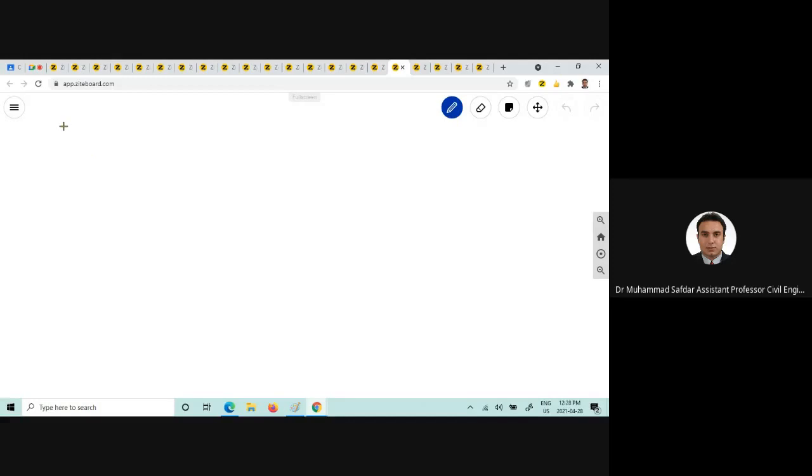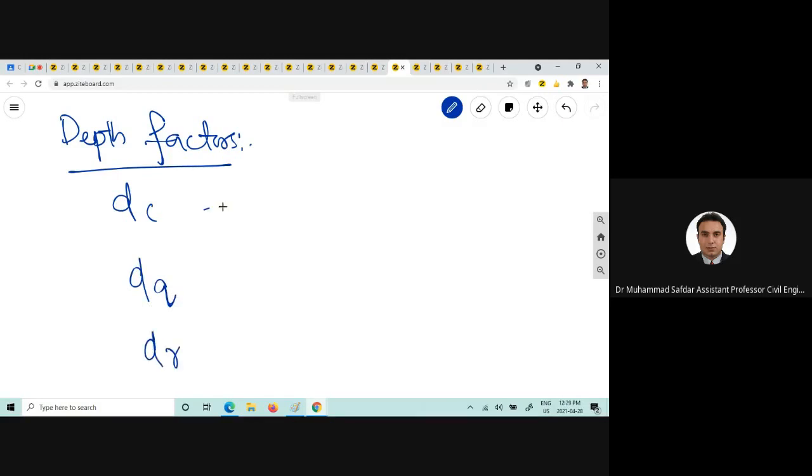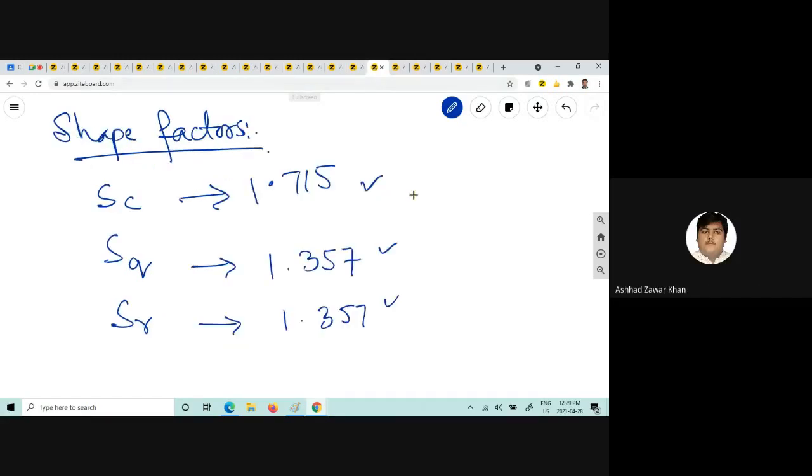Now, how about the depth factors? सर ये शेप फैक्टर्स पे जाए। Any problem, any issue with the shape factors? नो सर, अपने वैल्यू चेक करा तो सही है सर. Okay.